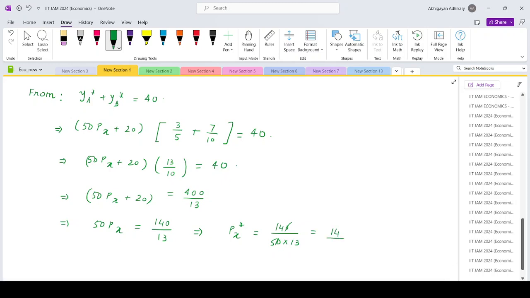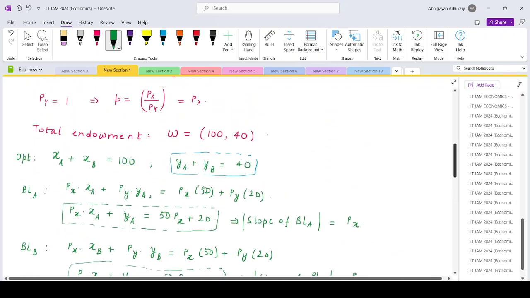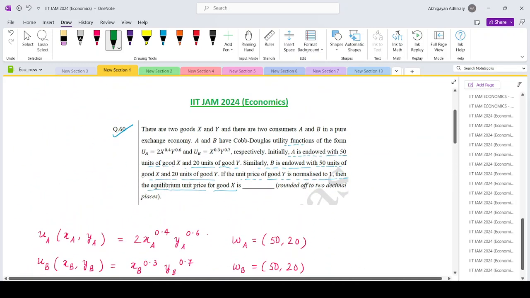So that is 14 by 65. Taken in decimals, it is 0.215. So the price is 0.21. Thank you.